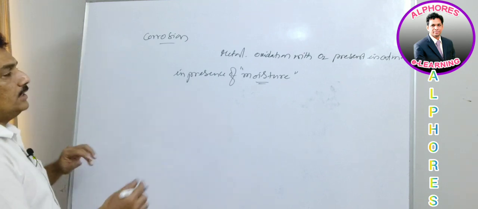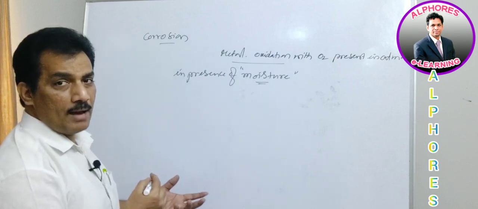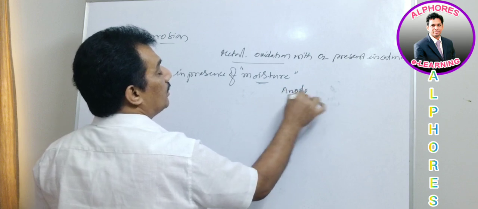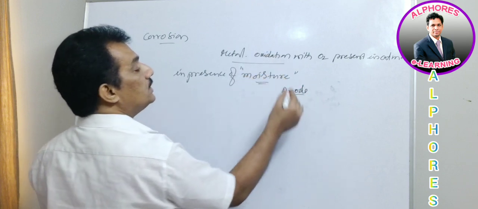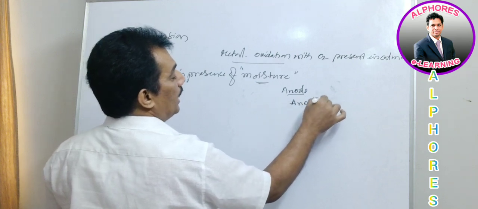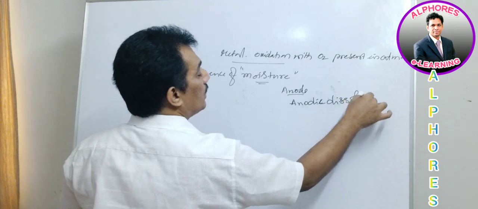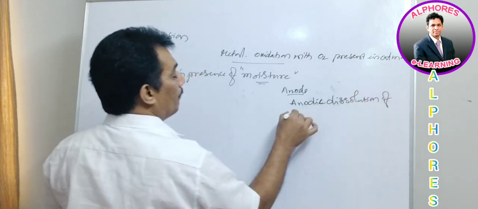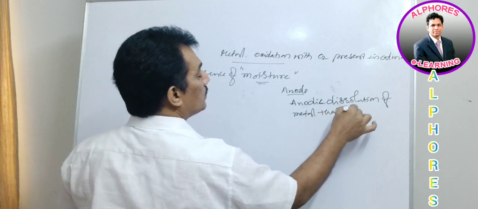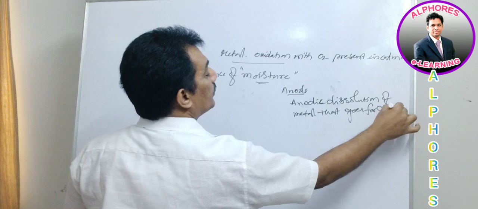Clear? And now the metal oxidation, and you know oxidation happens at the anode, and thereby this metal oxidation corrosion is known as anodic dissolution of the metal that undergoes corrosion.